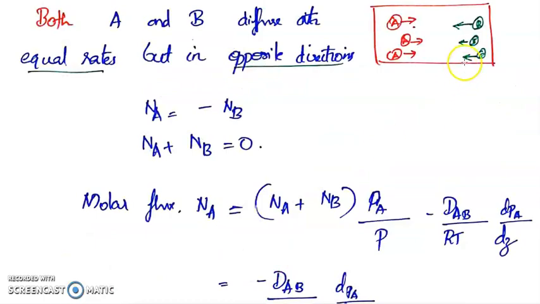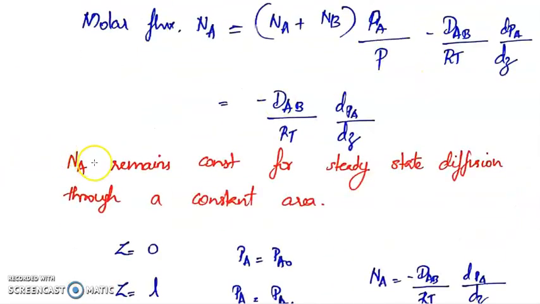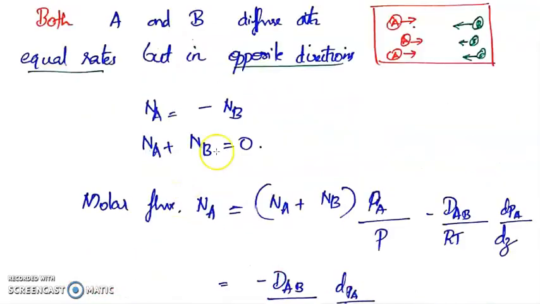Since the area is constant, the net flux with which A alone is diffusing will be a constant value at steady state. But it will be different if the area was increasing in this direction; then NA will not remain constant, even if it is diffusing at equal rates.